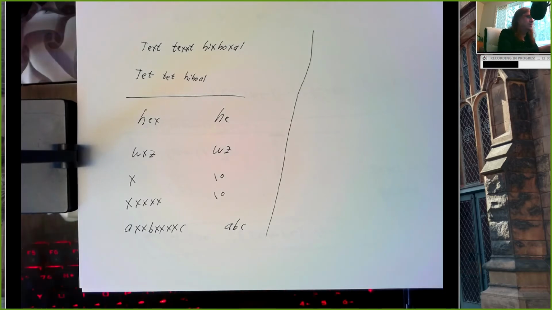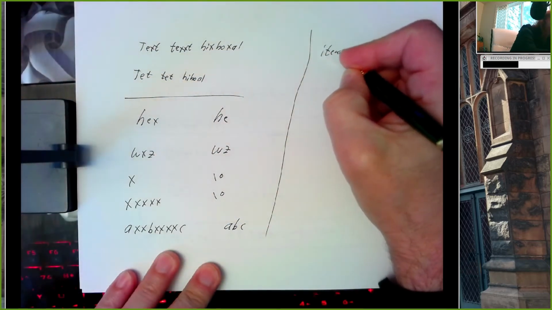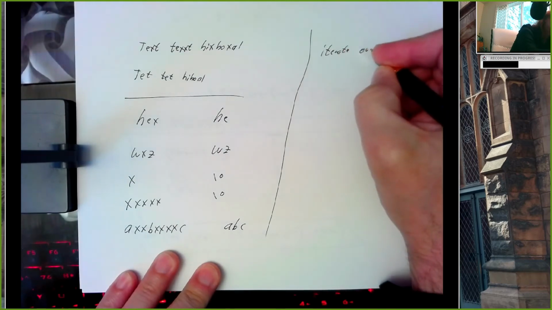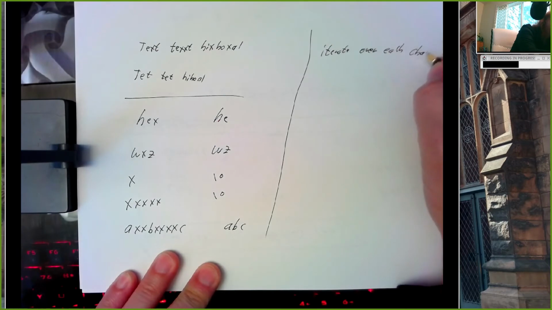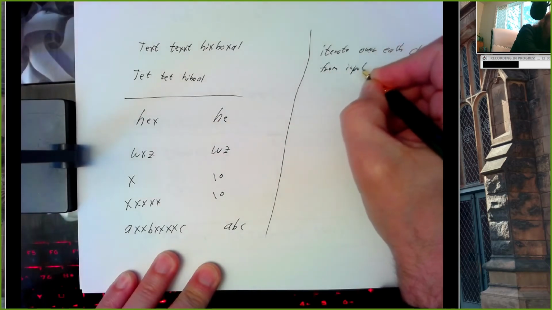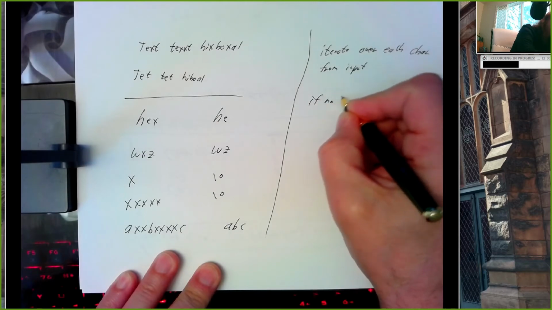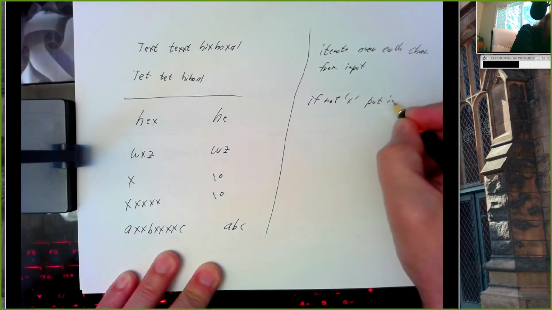Okay, I like that. So iterate over each character from the input. If it's not an x, put it in the output.